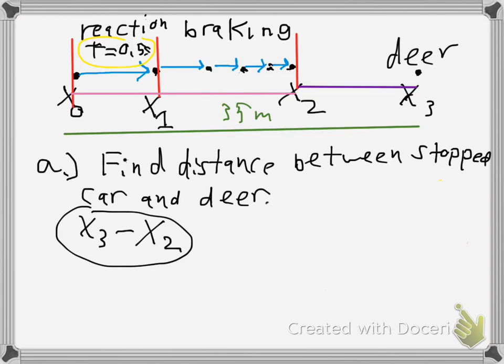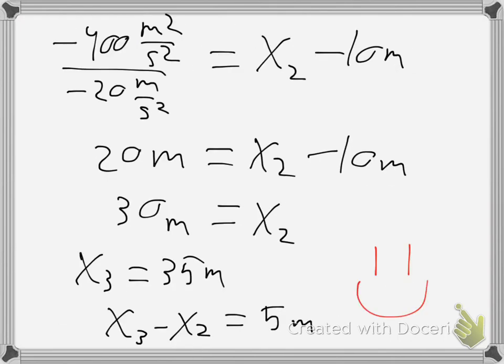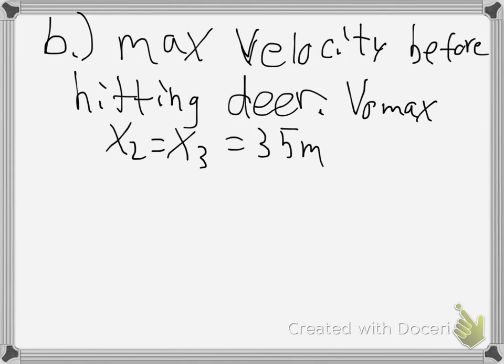If we are finding the maximum velocity here, then remember x2 is where the car comes to a stop, and x3 is where the deer is. So in this case, x2 and x3 would be the same thing, 35 meters away from the initial point, which is x0.